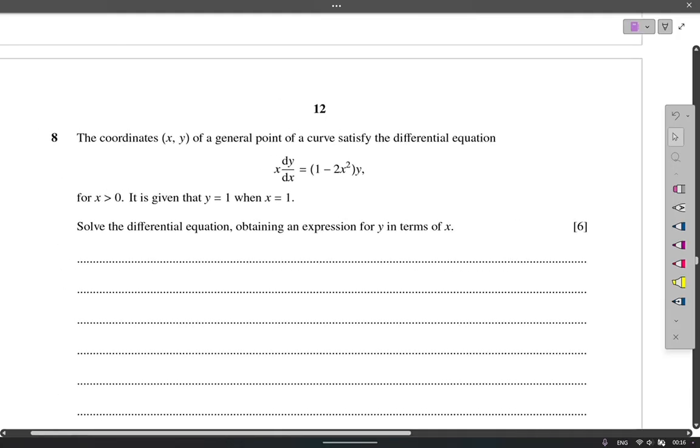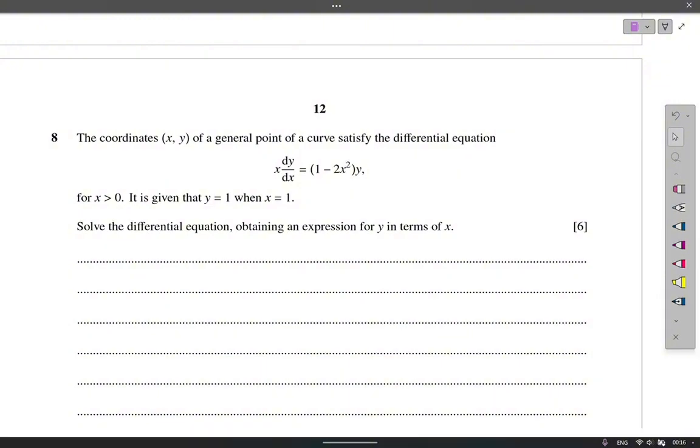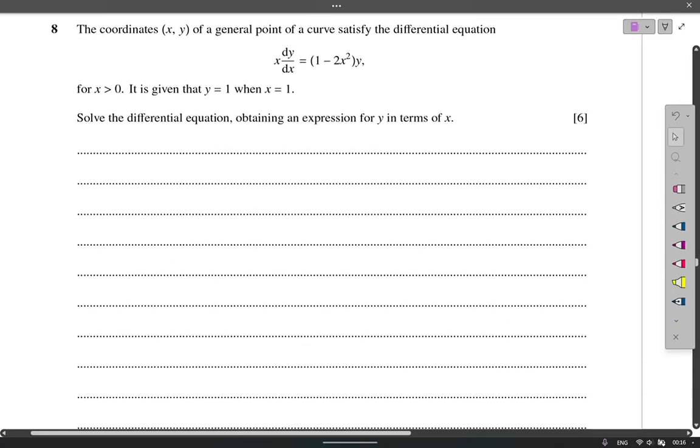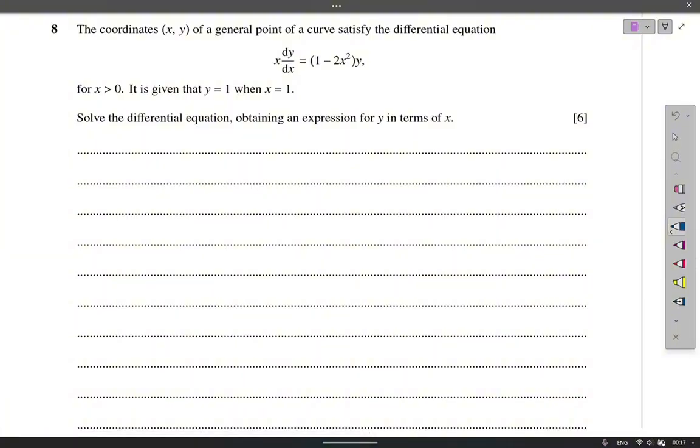Question number 8. The coordinates x, y of a general point of a curve satisfy the differential equation shown here. It's given that y equals 1 when x equals 1. So, solving the differential equation and obtaining an expression for y in terms of x. To solve the differential equation, we have to take integrals from both sides.